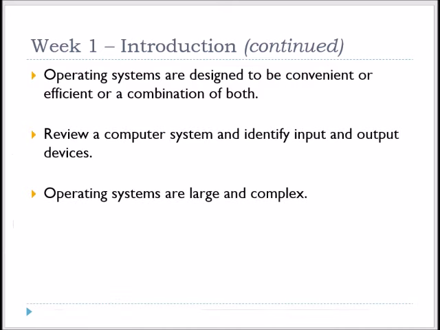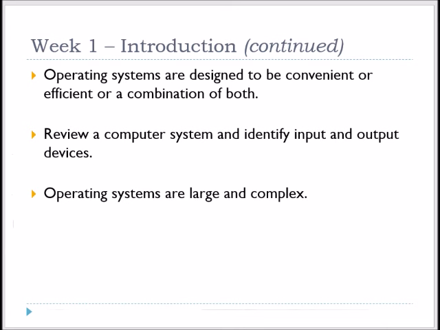So to continue the introduction, operating systems are designed to be convenient or efficient or a combination of both. So that's an interesting thought. What that means is that some operating systems are convenient, meaning they're super easy to use.